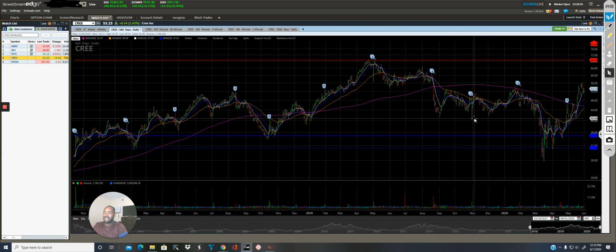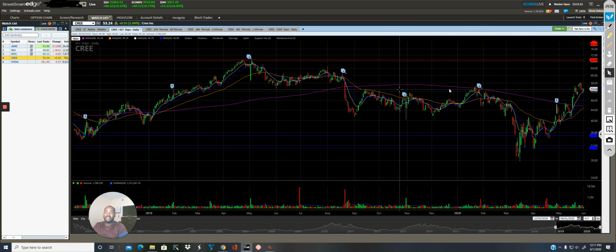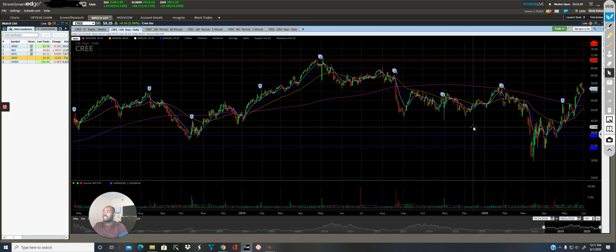I've marked out my buy and sell zones, where the buy zone, or the support area, is between 34 and 31, and resistance at 68. So anytime I come inside here and I see Cree back down to the 34 level, all I will need to do is keep a closer eye on this and see when I'm getting a confirmation that this thing is ready to move back to the upside.